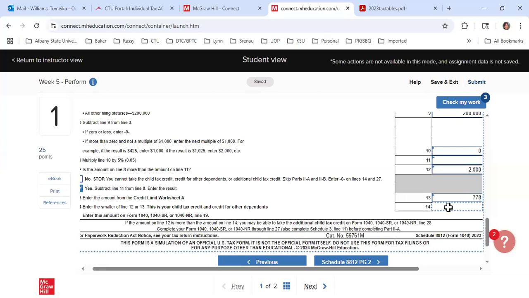Line 13 is the smaller, so we're going to also enter 778 there as well. If you have this, confirm that, and then we can go to page 2 of this 8812.